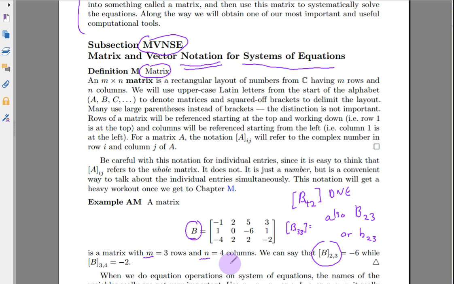What would b33 be equal to? Well, it's third row, third column. It's this number right here. Okay. All right, so let me just say that there are different ways of denoting that.